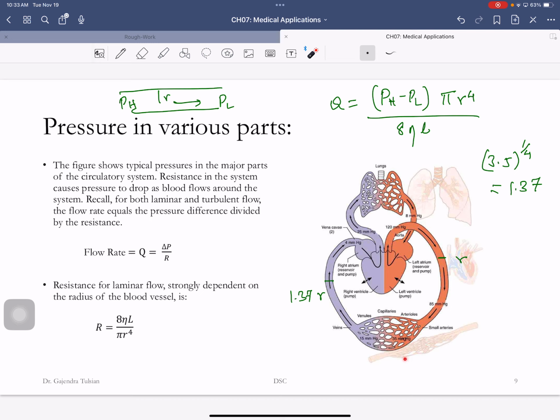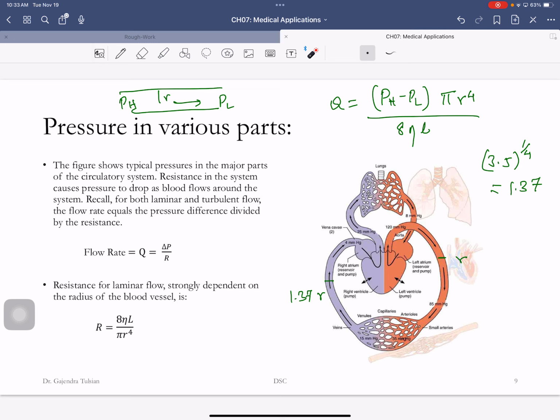What do you have to do now? You have to reabsorb the water. The osmotic pressure was 22 millimeters of mercury. So you're losing water at this end, but you're absorbing it back at the venule end because of the osmotic pressure.